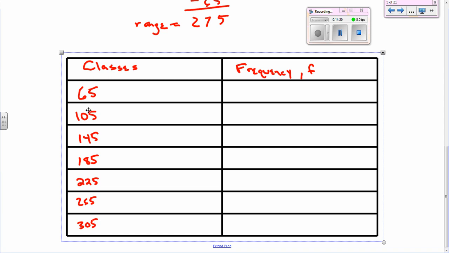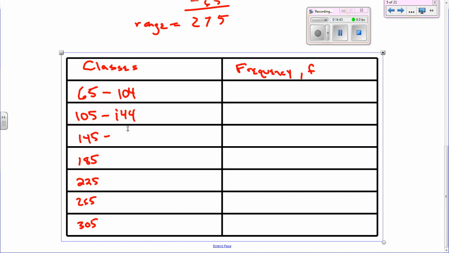Then, to find what this number would be for my upper limit, I just take the 105 and subtract 1 from it. So it would be 104. Then what they say is that you should add 40 to each one of these. I said it's just one less than your lower class limit here.